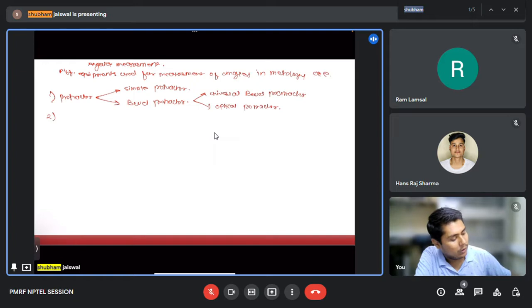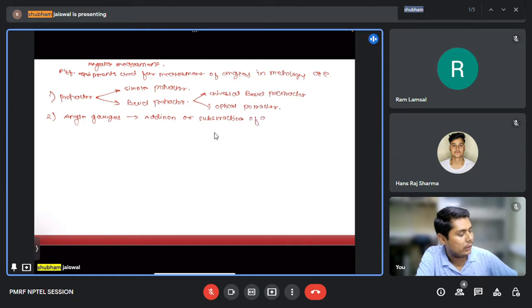Next we have seen the angle gauges. In this, addition or subtraction of angle gauges is possible.